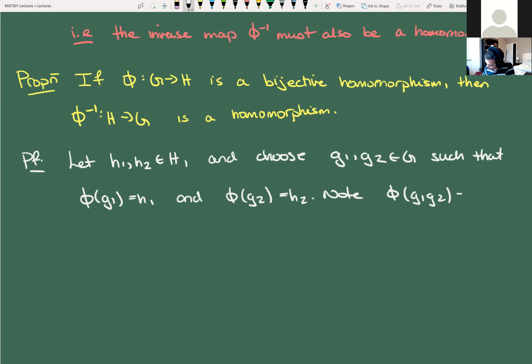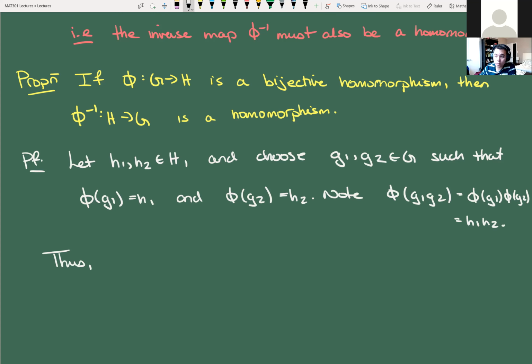And then note that, because phi is a homomorphism, phi of G1 G2 is H1 H2, right?